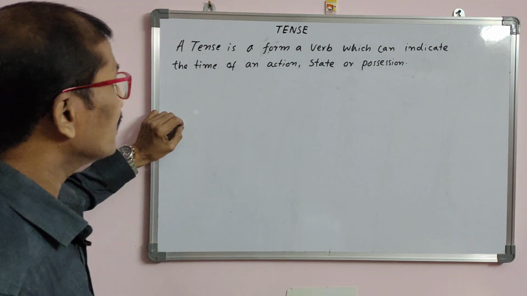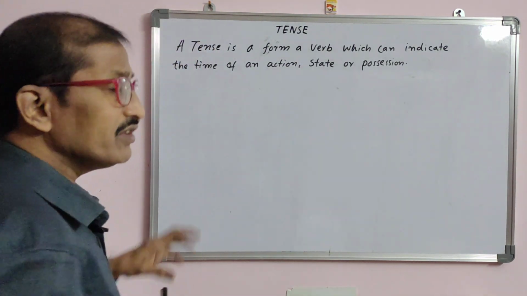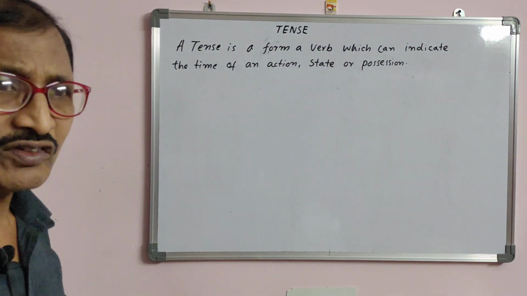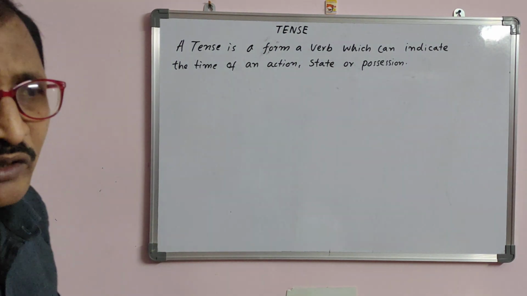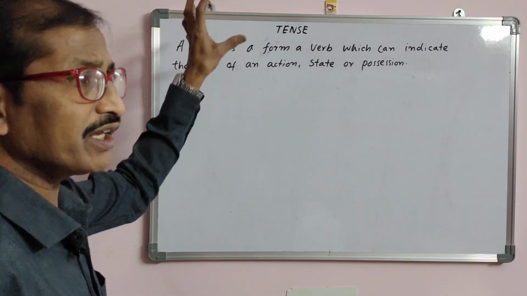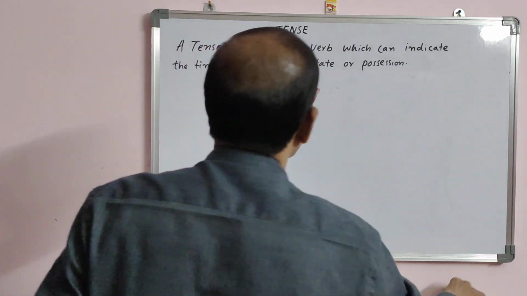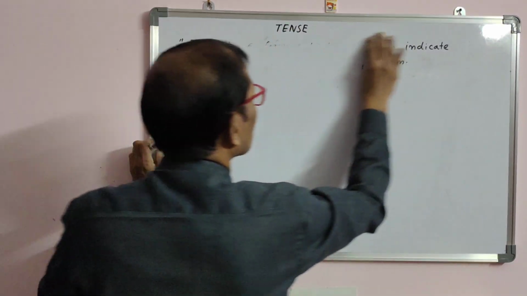Okay, my dear. This is called tense. Earlier I wrote that is eating is a tense form. Tense means nothing but time indication. Any verb form that indicates time is tense. Understand, my dear?